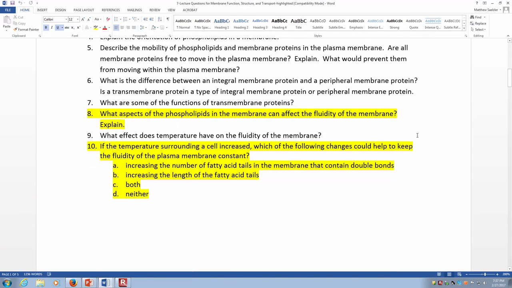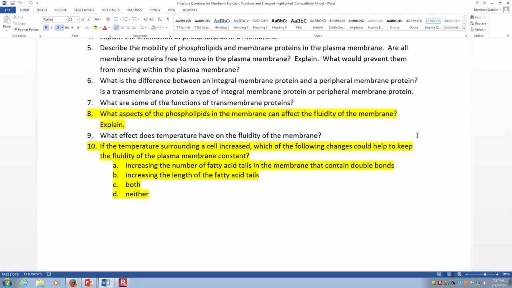The first few questions apply to things that were covered on the quiz today, but I do want to go through them again. Number 8: we talked about the fluidity of the membrane. Just to review, what 2 aspects of phospholipids affect the fluidity of a membrane?